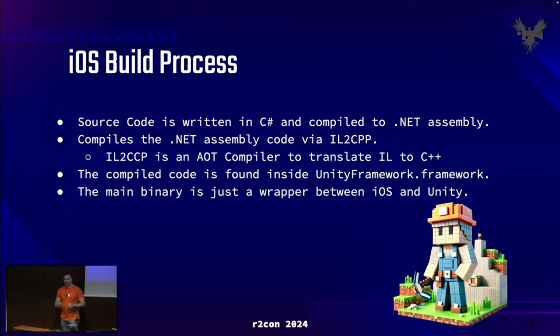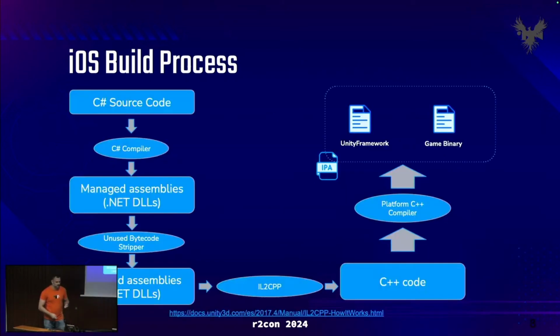And then the idea is to compile it to C++. And this is compiled inside a library. For iOS, you can find this inside a framework called Unity Framework. And here is where all the interesting part is found.